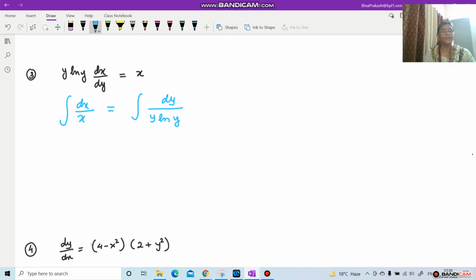Now the integration of 1 on x, we know what it is. It is log of mod x. For the integration of the other expression, we'll have to go in for a substitution. The substitution we have is log y, we'll take it as t. So we get dy on y as dt.